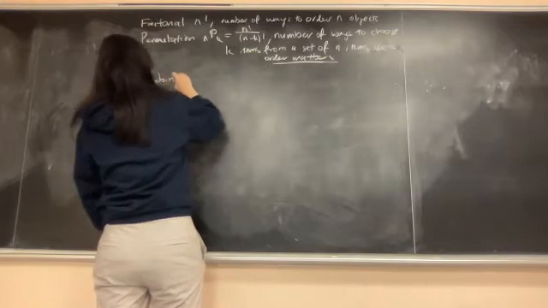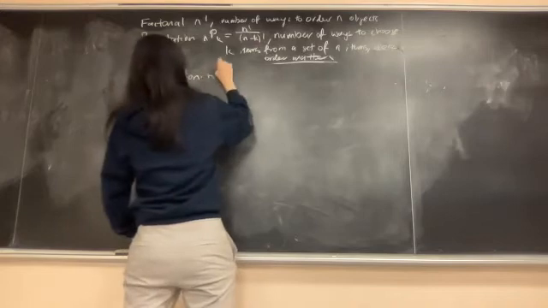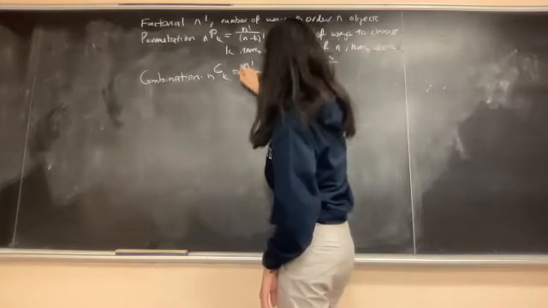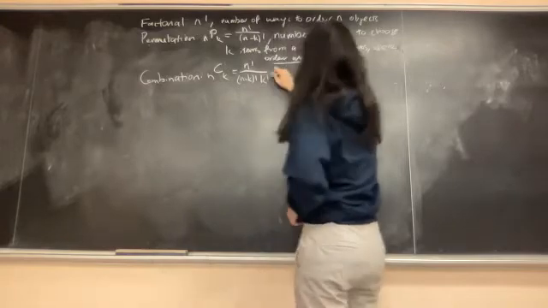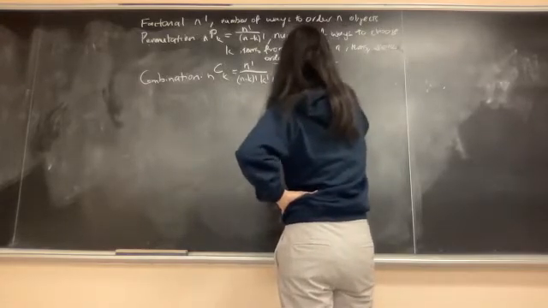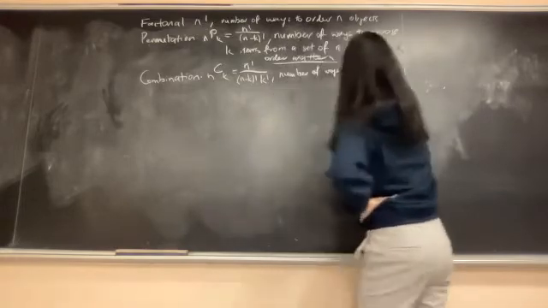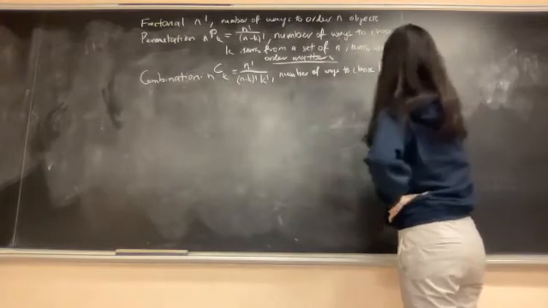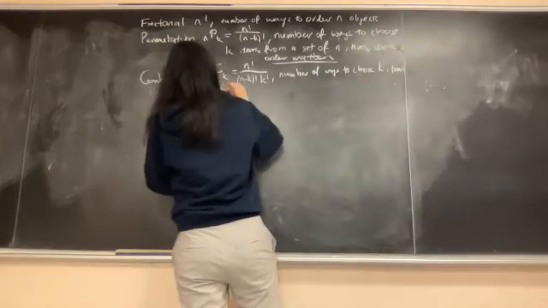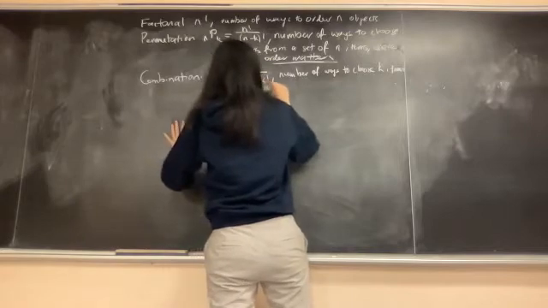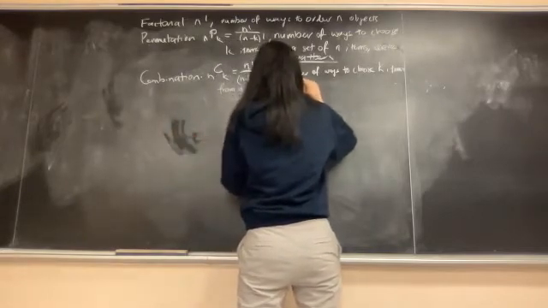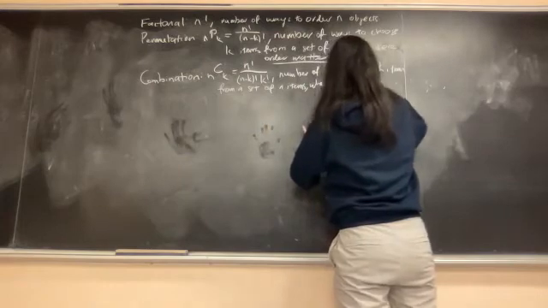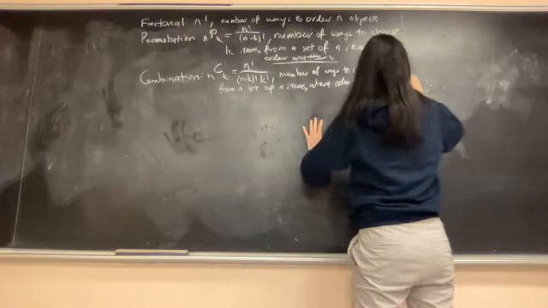Combination equals N choose K, which equals N factorial divided by K factorial times N minus K factorial, which is the number of ways to choose K items from a set of N items where order does not matter.